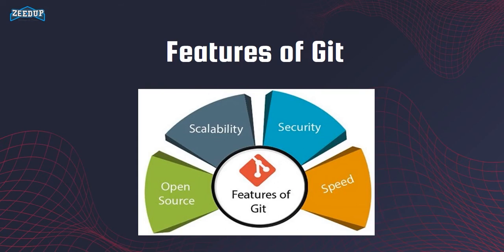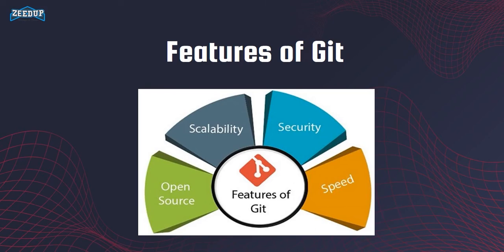Security is a very important aspect, especially whenever you are dealing with confidential data. Whenever you are dealing with source code, security automatically becomes a very important thing. Luckily, Git provides us good levels of security.